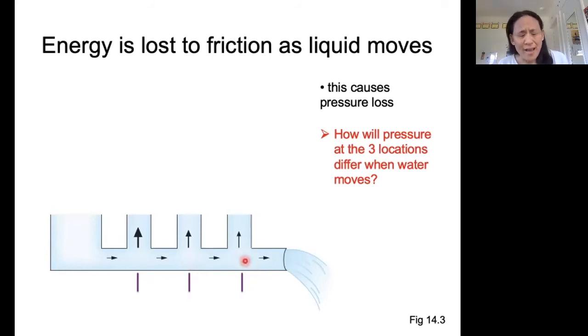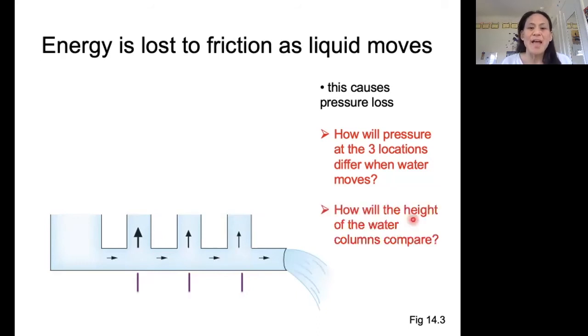As you move to this location, you will have lost even more pressure. And so this difference in pressure is shown as these different size arrows here. So you have a larger arrow here indicating larger pressure and a smaller arrow here showing less pressure.